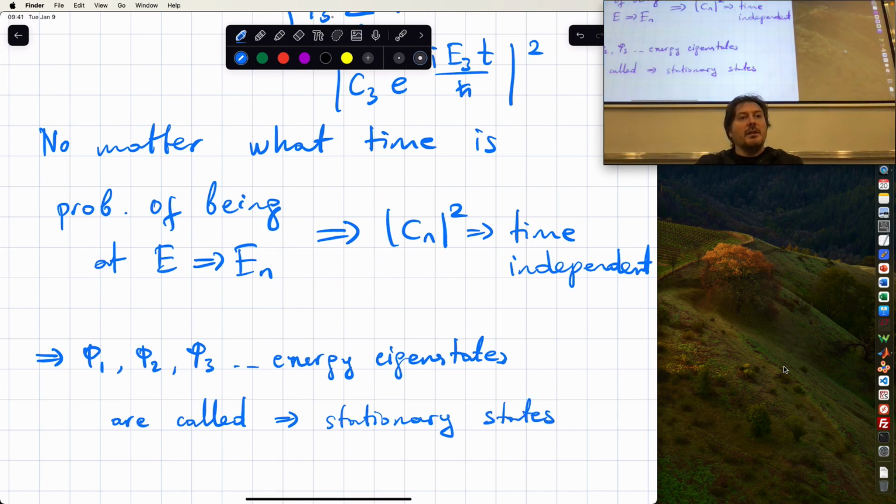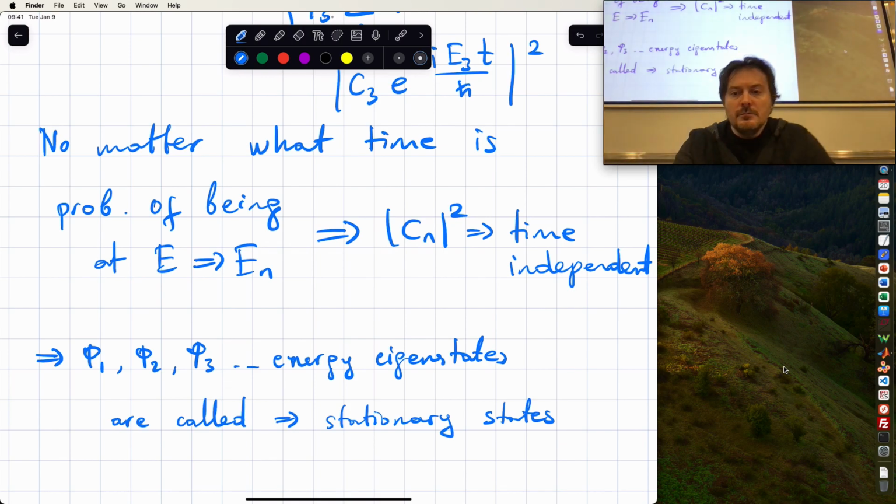That's why, my dear friends, measuring energy is a special thing in quantum mechanics. When you measure energy, the next time you measure energy, you will get the same thing, no matter how much time has passed. Of course, we are talking about time-independent potential. Throughout this course, we are talking about time-independent potential. Time-dependent potentials are a whole other thing, right?